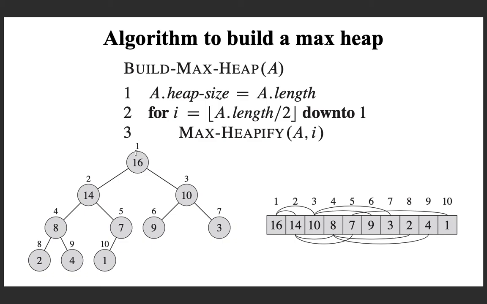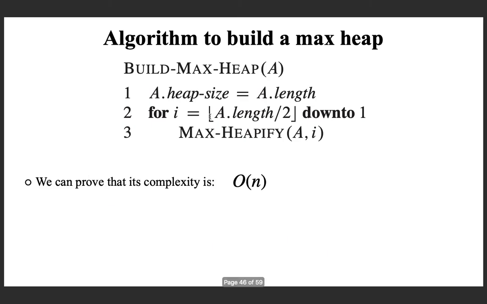Okay, not difficult to observe, and you can see that in the worst case, because max heapify is taking order of log n, a naive analysis may give you n log n as the worst case complexity.